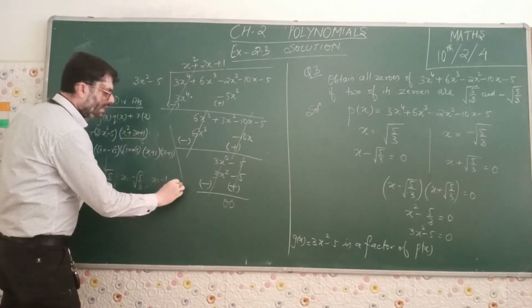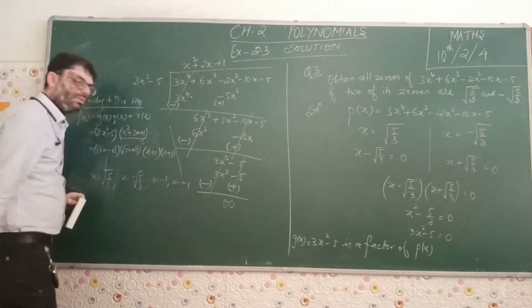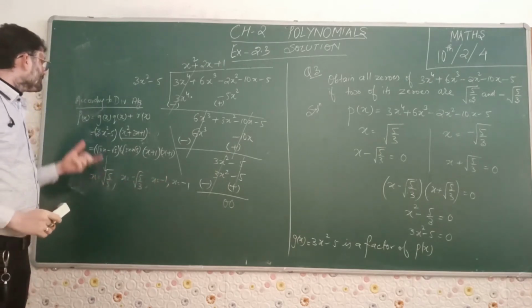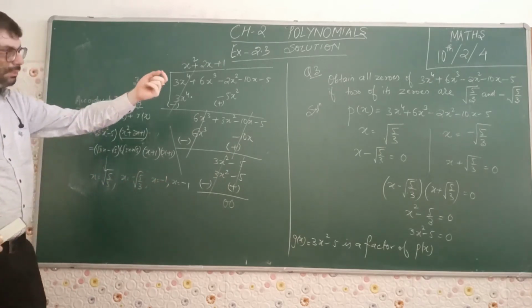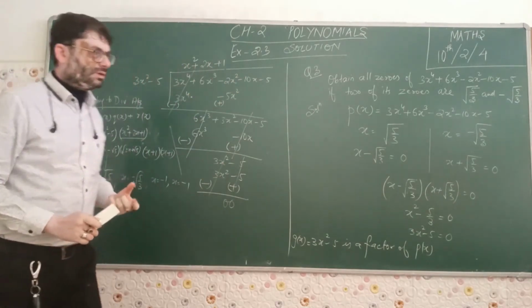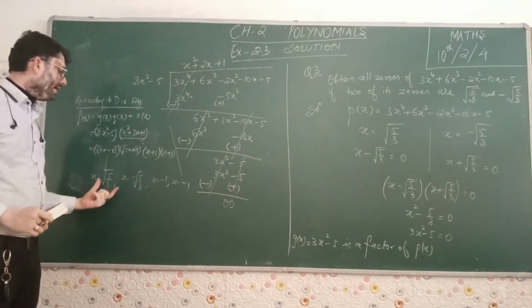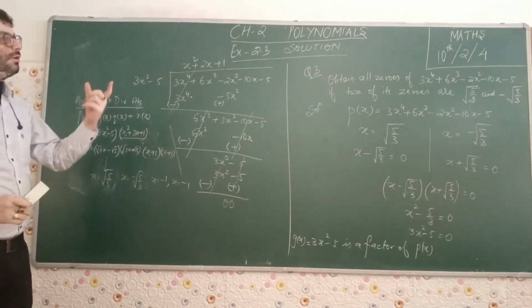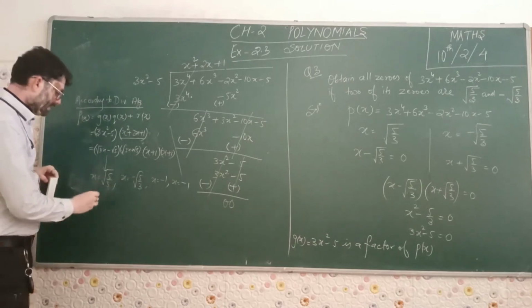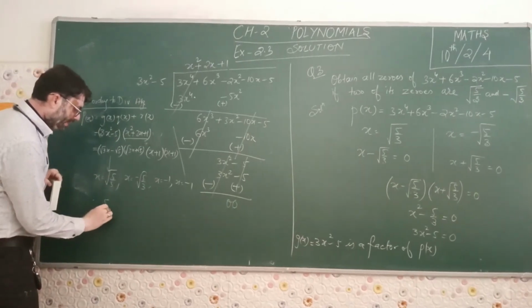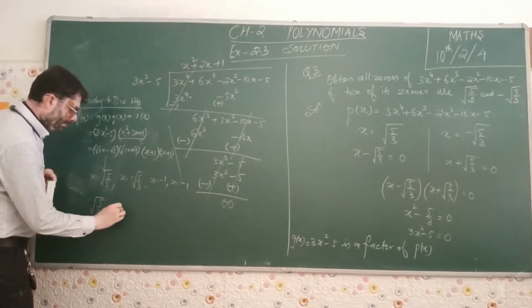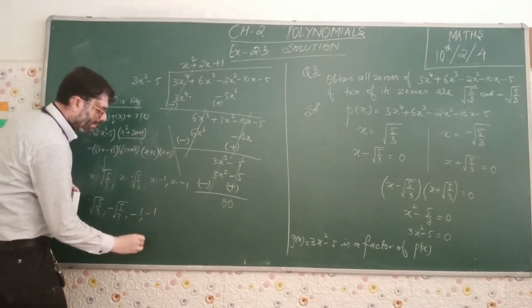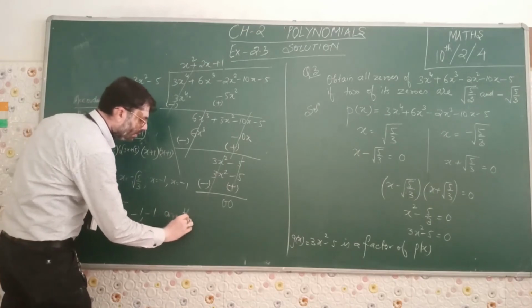If this is 0, x is equal to minus 1. These are the 4 values of x which make the polynomial p of x 0. That means these 4 values of x can be called the zeros of the polynomial p of x. Therefore, root under 5 by 3, minus root under 5 by 3, minus 1 and minus 1 are the zeros of p of x.